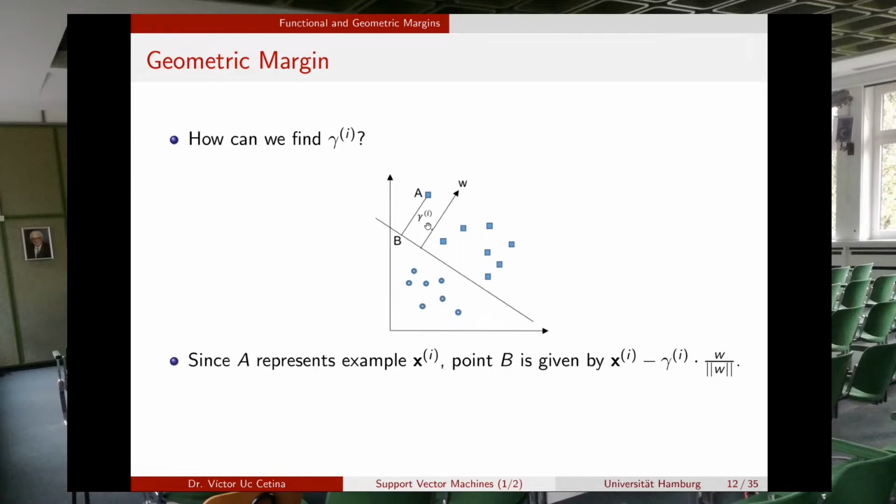Okay, since a represents some example xi, point b will be given by xi minus a vector in the direction of the vector w. So what we're saying here is, let's take the vector of parameters, which is orthogonal to the decision boundary. Let's compute a unitary vector, so a vector of magnitude 1.